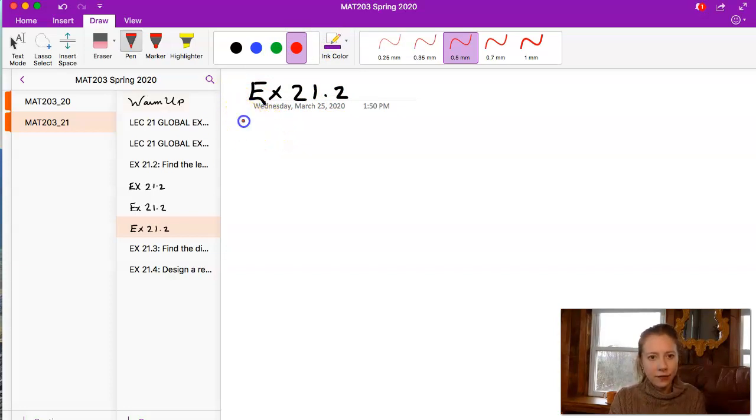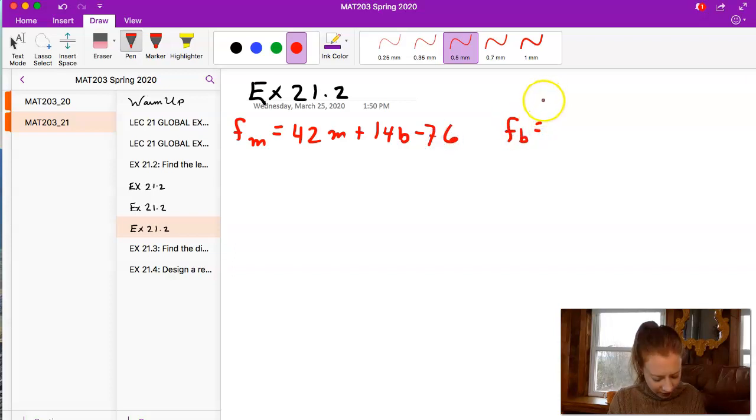So let me just write the first order down once again. fm is going to be 42m plus 14b minus 76. f sub b is going to be 14m plus 6b minus 26.